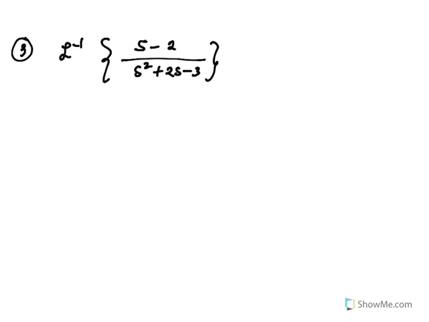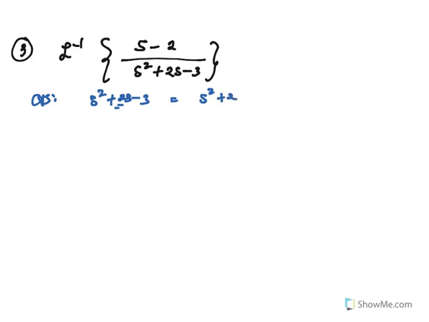Alright, so, if you may recall, when you complete the square of a given expression, s squared plus 2s minus 3, what you do is you divide the middle numerical coefficient by 2. So in this case, you have 2 over 2, you have 1. Add the square of that to your expression.